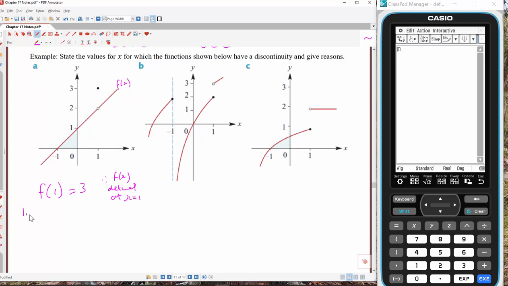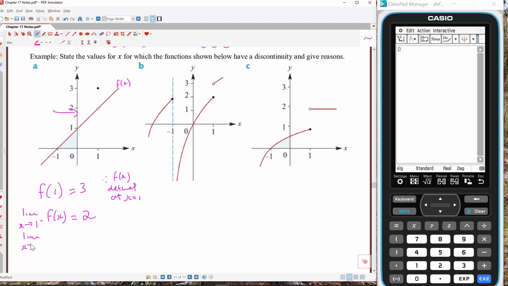The limit as x approaches 1 from the left: I'm coming in from the left-hand side, and what I can see is I'm approaching the value 2. That's where my y values are getting closer and closer to. So the limit is 2.